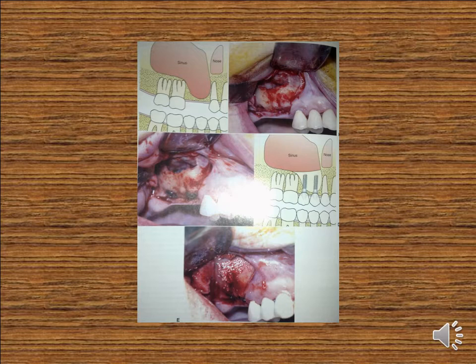By the Caldwell-Luc operation, we can remove part of the bone and make a window, then elevate the sinus mucosa and put bone graft material, such as cancellous bone from the iliac crest with corticocancellous bone, and fix it beneath the mucosa of the maxillary sinus and then suture it. We can put the implant directly at the time of operation or indirectly.